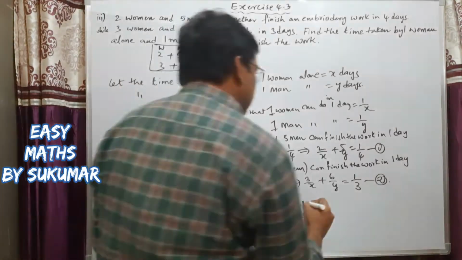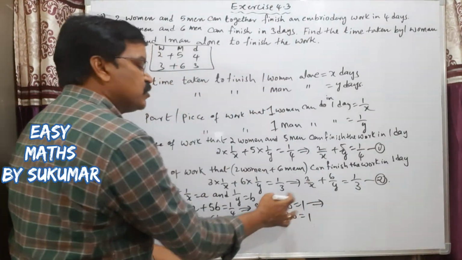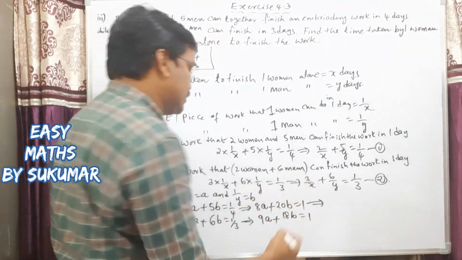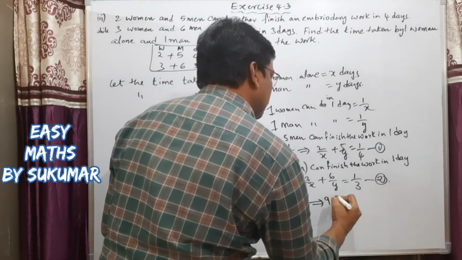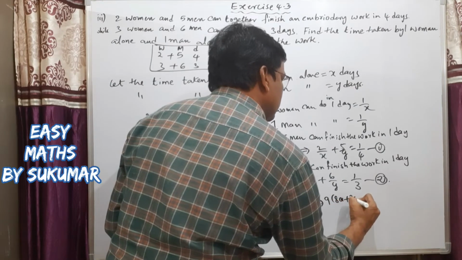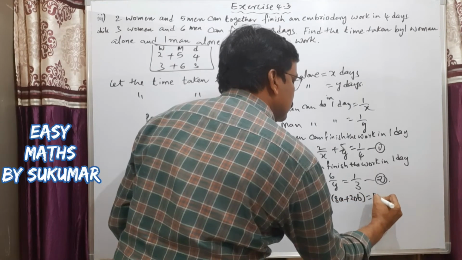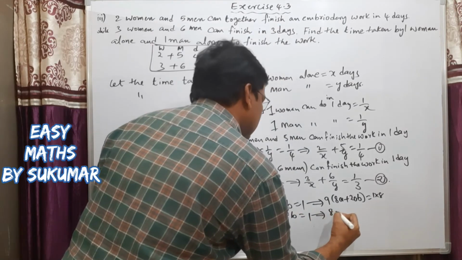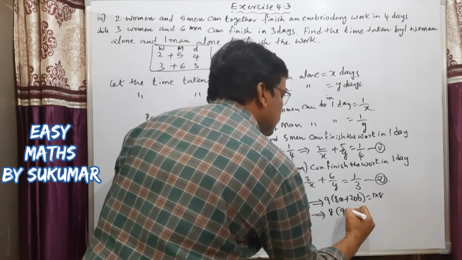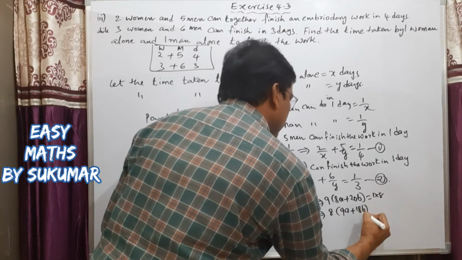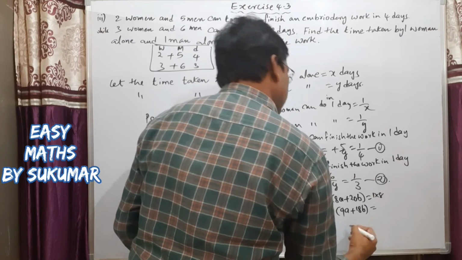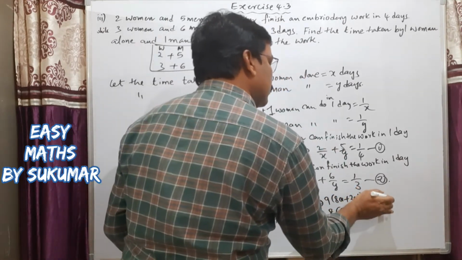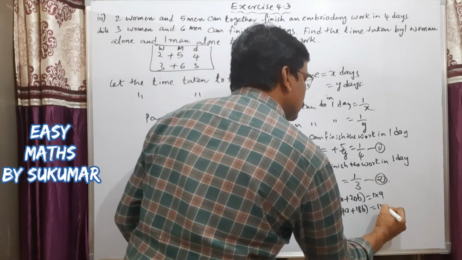Now what I do here is multiply the first equation with 9 and the second equation with 8. That means 9 of 8a plus 20b is equal to 1 into 9, and 8 of 9a plus 18b is equal to 1 into 8.